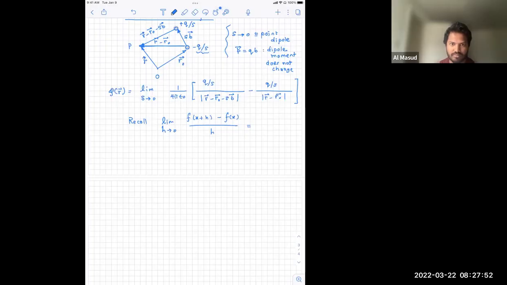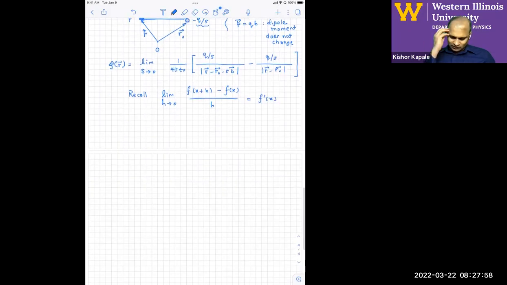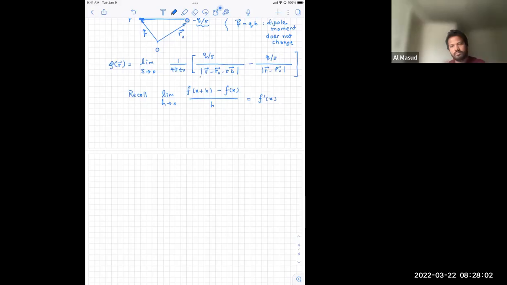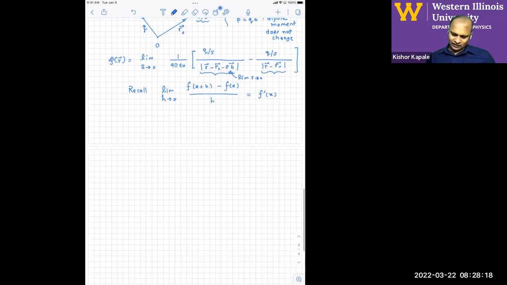First derivative. It is f prime of x. And so you can see you have this same structure here, except that the function that is changing is in the denominator. And as S goes to 0, this SB term goes to 0, and so we can see the parallels between them.